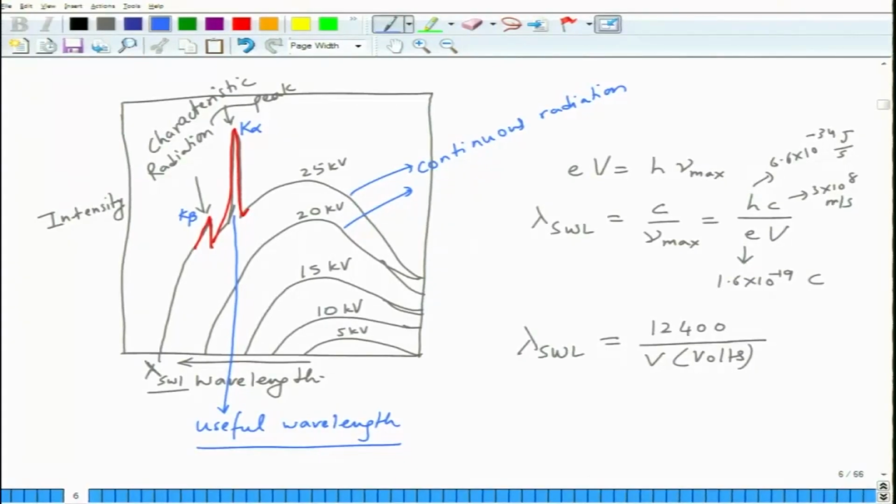It is only at high voltages that you start getting these sharp peaks, because you are then able to excite the electrons from K. Remember, if you want to excite the electron from K, you need higher energy, because K is the bottommost shell. When you bombard material at lower voltages, you are only exciting electrons from the top orbitals, because they are loosely bound as compared to the ones close to the nucleus.